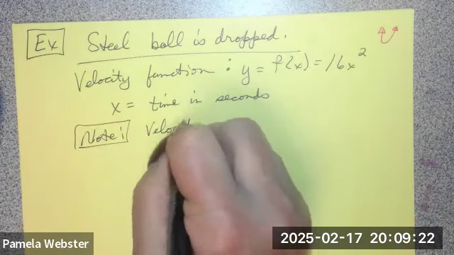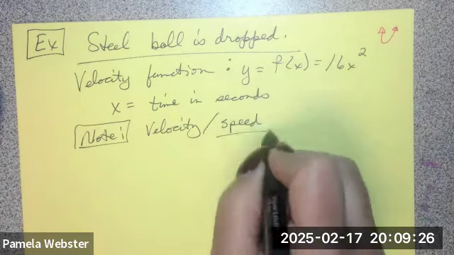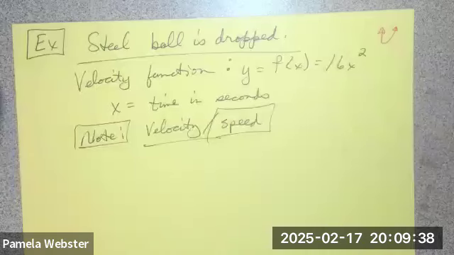Velocity is a very mathy slash sciencey word that we use for speed. So what we're talking about here is the speed of the ball as it's dropped. Don't stress out when they have weird words like velocity. Don't worry about it.